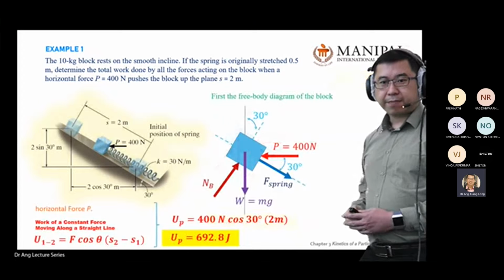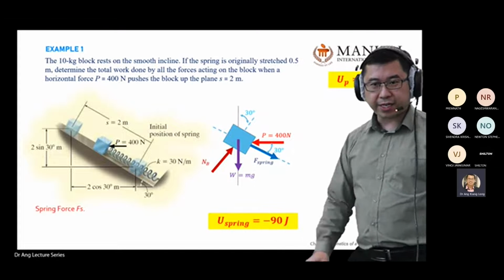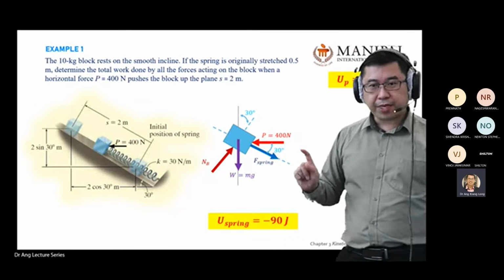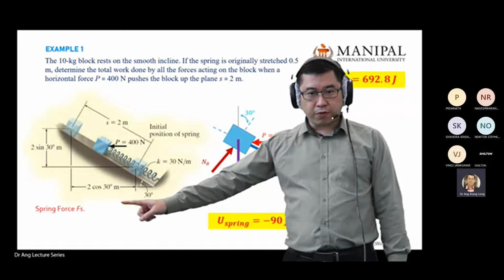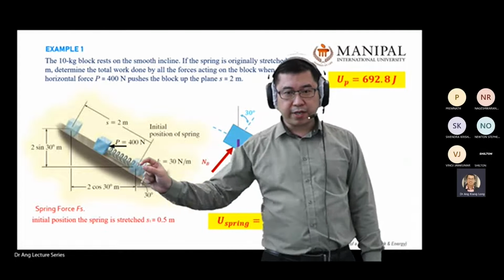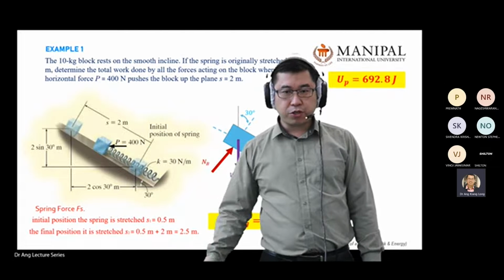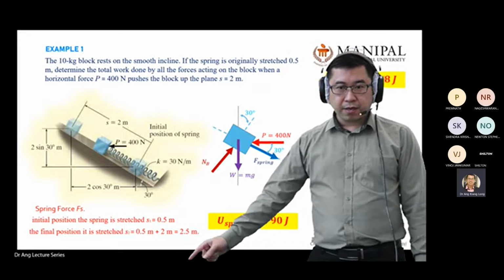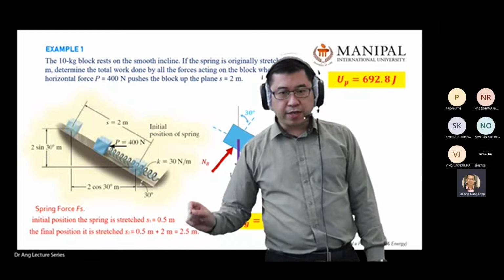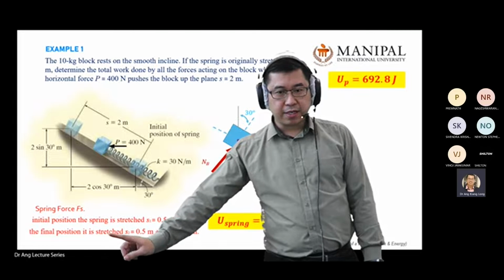Understand. Okay, now let's move on to the spring. We have done with the P force work already. Now we go for the spring. Initially, again, it was 2.5. And then the final position here, you have to know the final distance traveled by the spring.